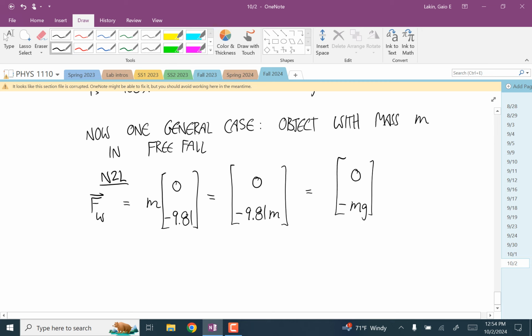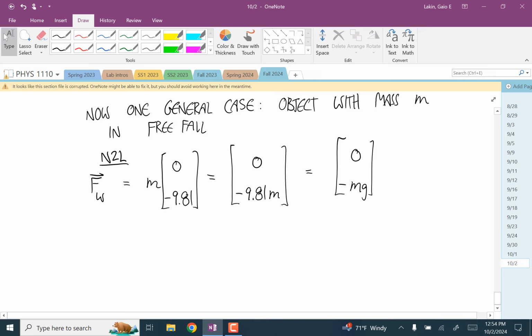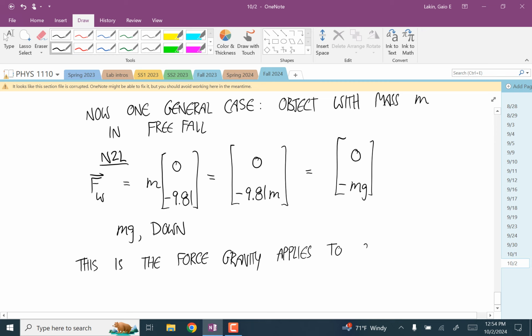Okay, so whatever the mass is, you multiply it by the free fall acceleration of gravity, and that gives you the force that gravity applies to the object. Okay? So mg acting down. This is the force gravity applies to an object no matter what the object is doing.